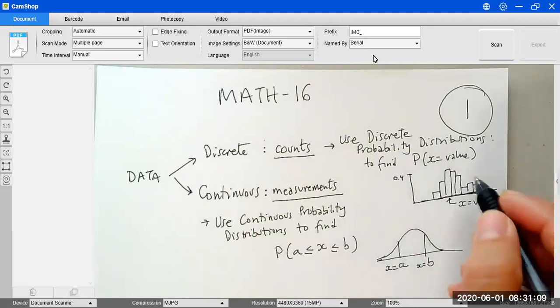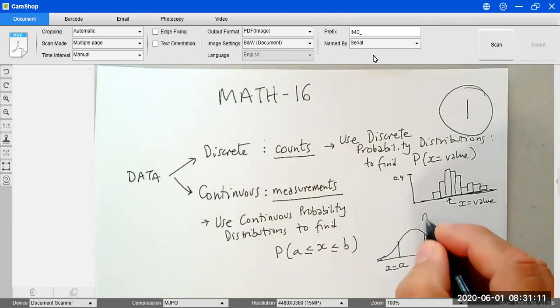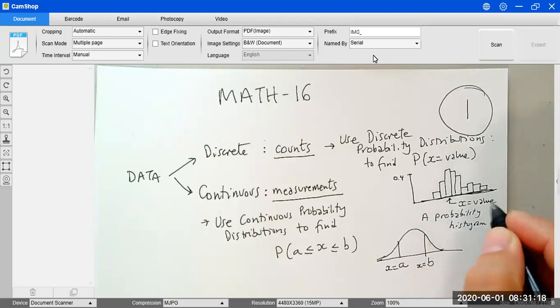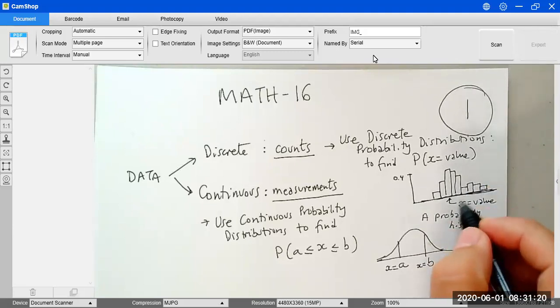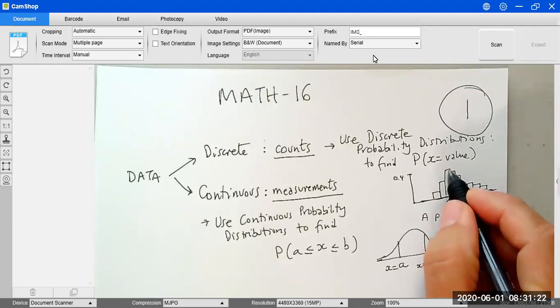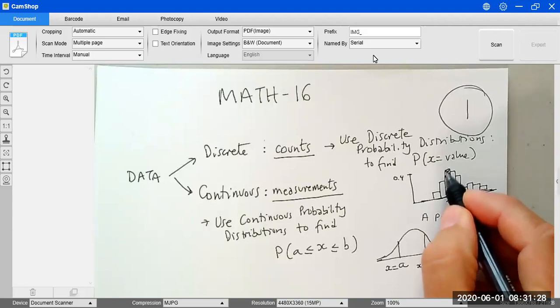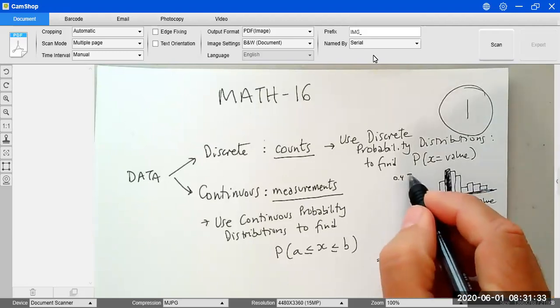So we can use, for example, a probability histogram to do that. For example, the probability that X is going to take this value here is going to be just this bar here, or the area of this bar, because when you are dealing with probability histograms, the area is the same as the value on the y-axis.